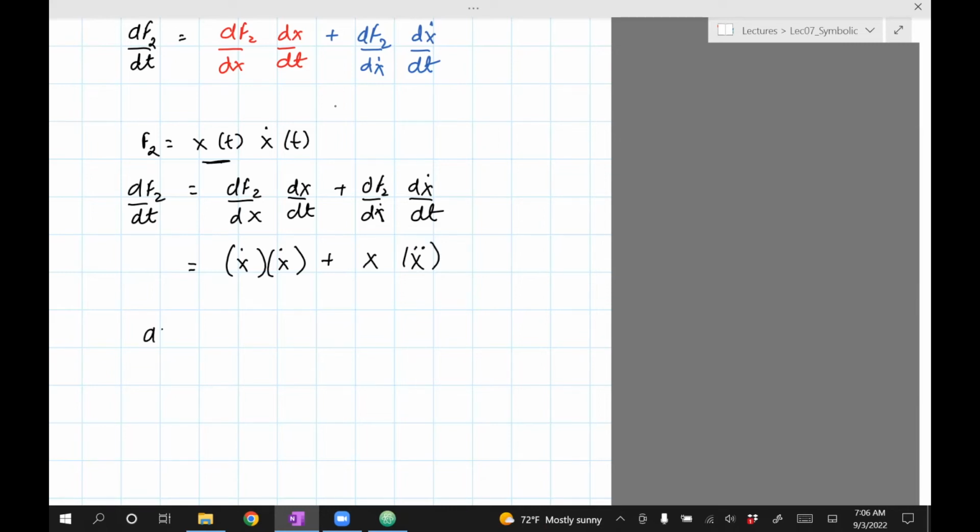So the answer to df2/dt is x dot squared plus x times x double dot.